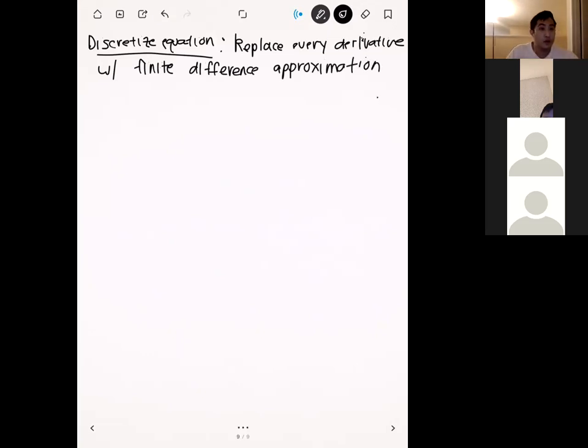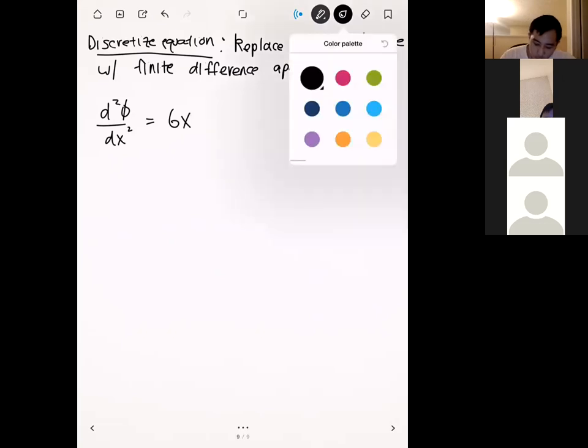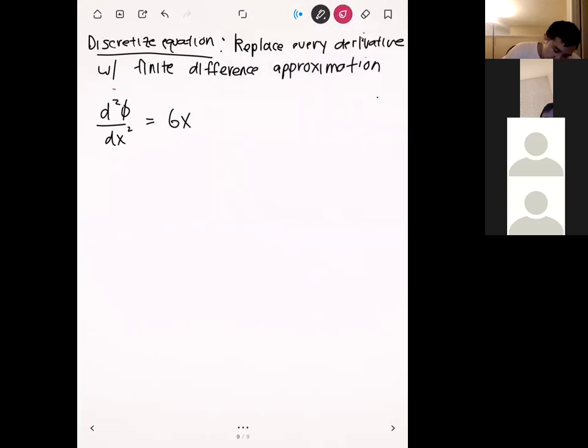All right, so let's go look at our original equation here. So our original equation was d squared phi dx squared, right? This is equal to 6x. And so I'm going to do basically the same equation as our example. And so if we replace this derivative here, we only have one derivative, with a finite difference approximation. Here we need the finite difference approximation for a second order derivative.